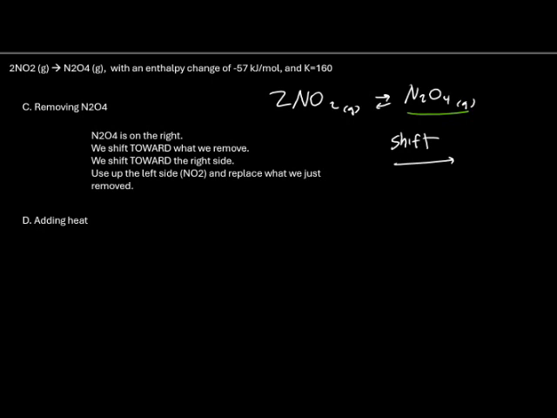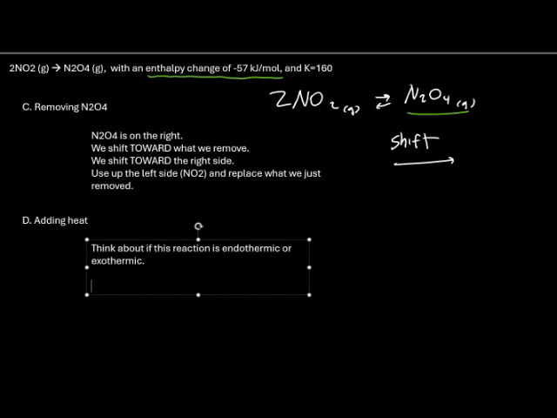Now let's go to part D and think about adding heat. Adding heat is a case where we have to look at the enthalpy change. We need to think about whether the enthalpy makes this reaction endothermic or exothermic. Our enthalpy change is negative 57 kilojoules per mole.